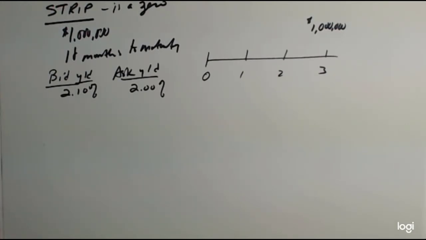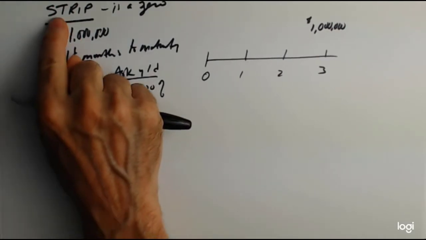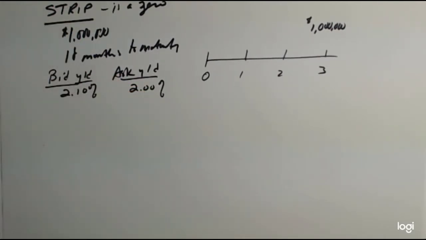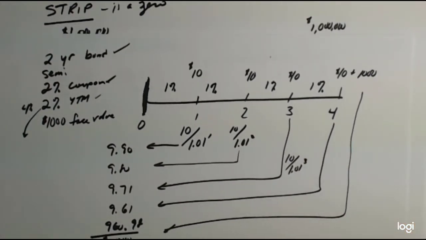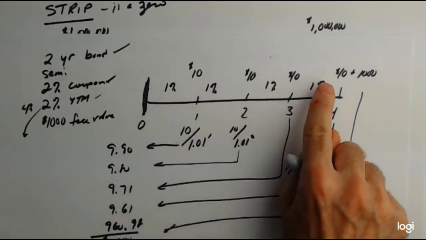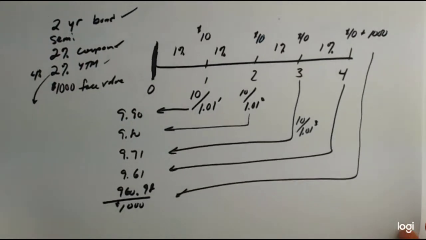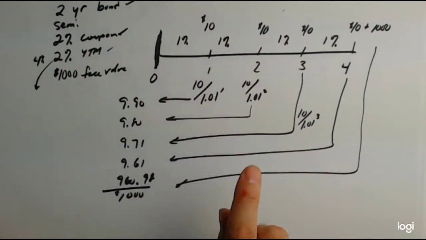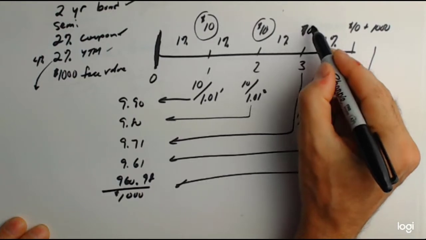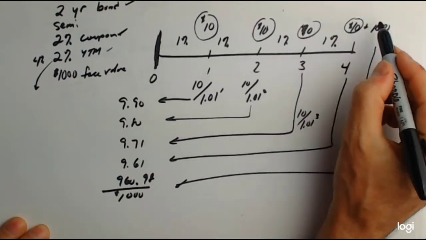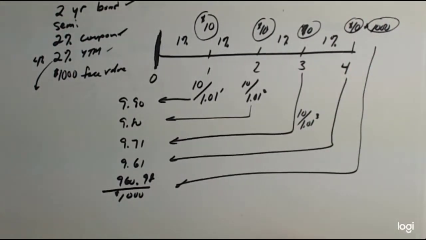Now, what exactly is a strip? Well, a strip happens when a financial institution takes a treasury bond like this, a coupon bond. Let me put this over here. So here's the coupon bond we just looked at, and here's the original coupons, and then here's the last cash flow for the principal.